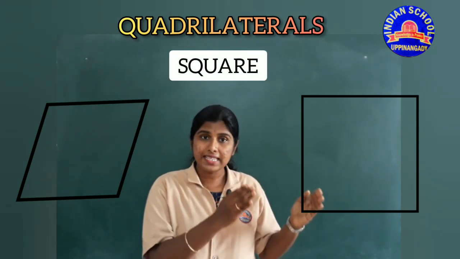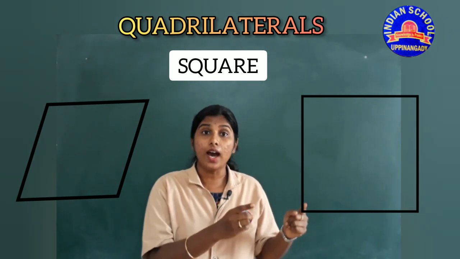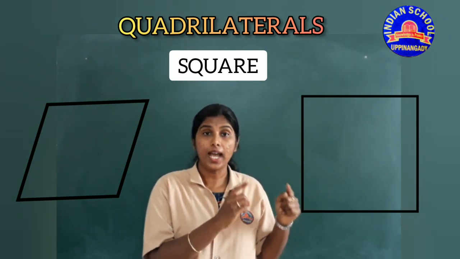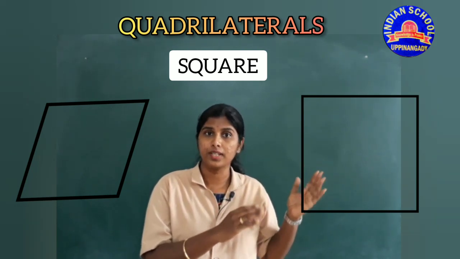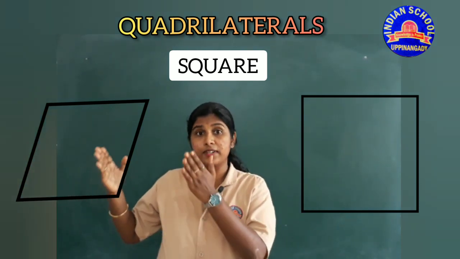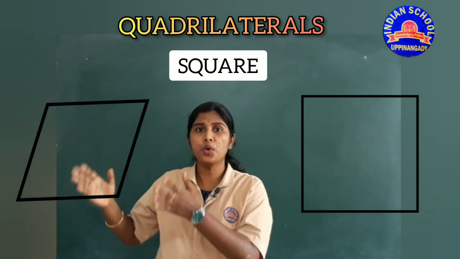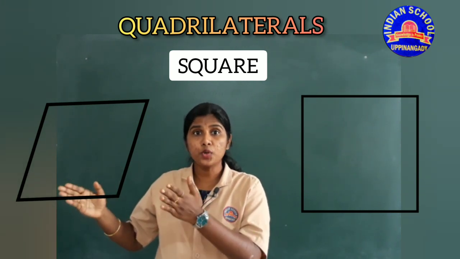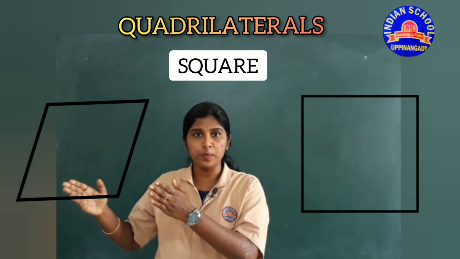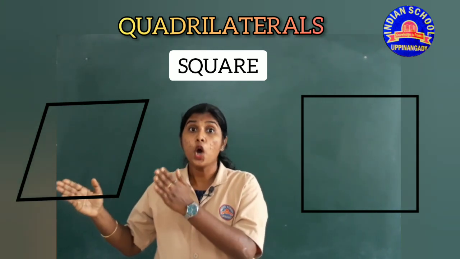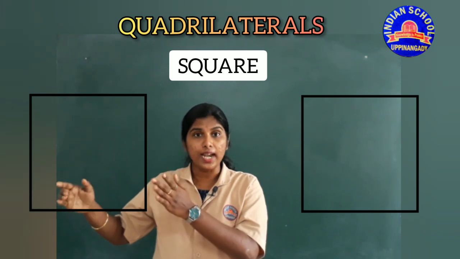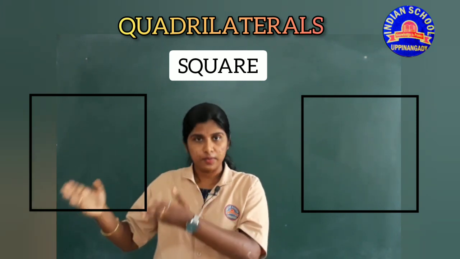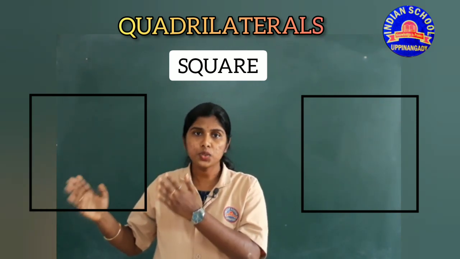So, we can say all squares are rectangles and all squares are parallelograms also. And in the second diagram, it is a rhombus. Here I am going to modify the rhombus in such a way that all of its angles measure 90 degrees, so that I will get a quadrilateral called a square.